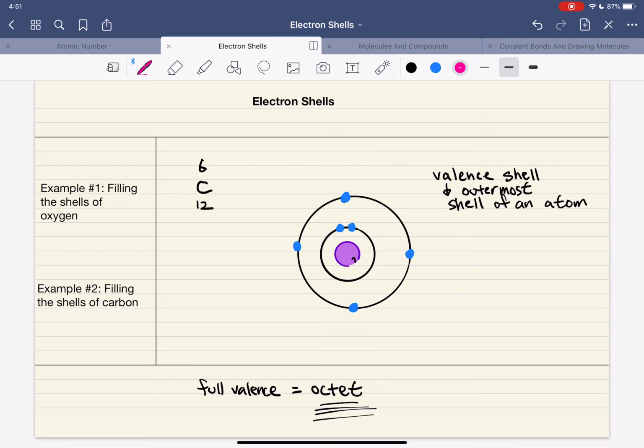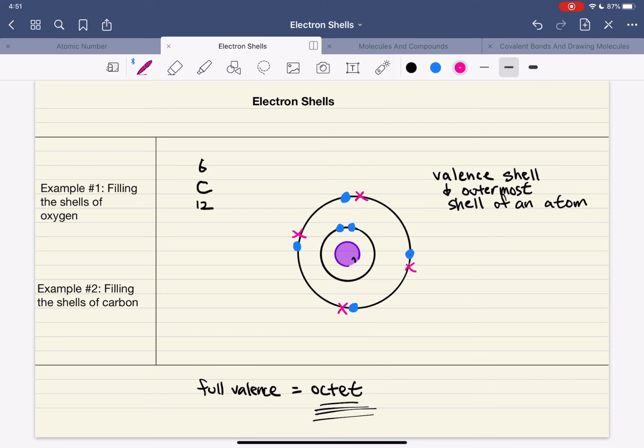So if you look here, carbon by itself, not very happy. It's pretty far away from an octet, right? It wants 8 electrons in that second shell. It's only half full. It only has 4. It wants an electron here, here, here, and here. So it needs to do some work to achieve that state of an octet.